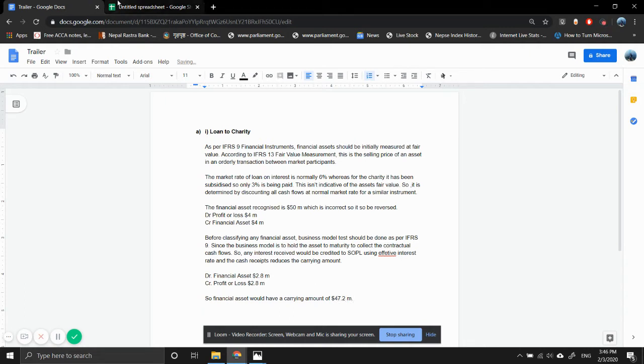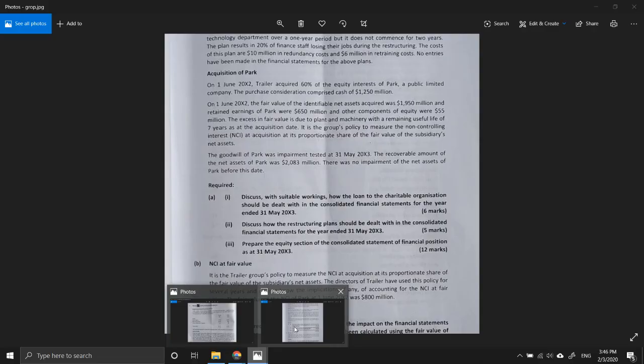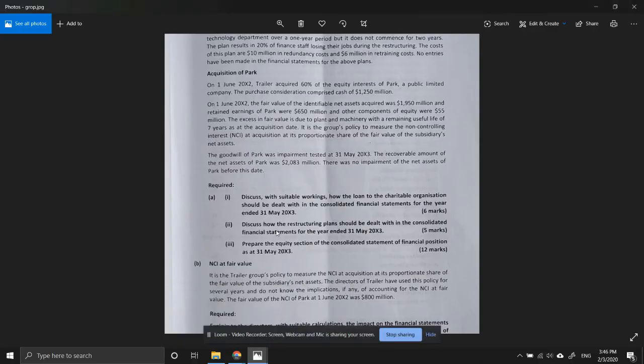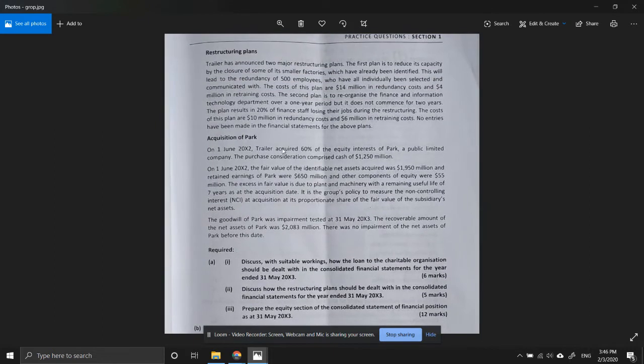Okay, that's basically it. And then discuss how the restructuring plans should be dealt with in consolidated financial statements, right?